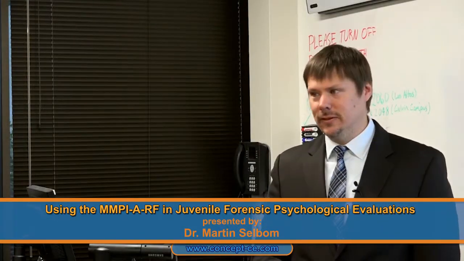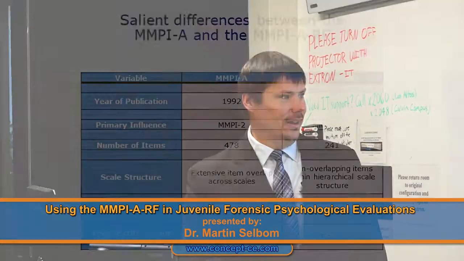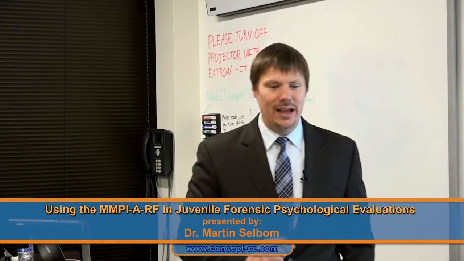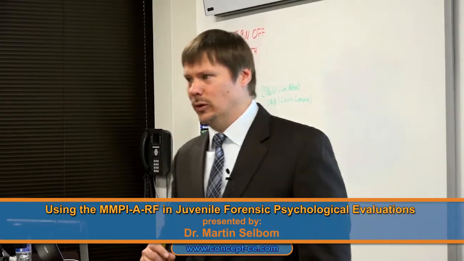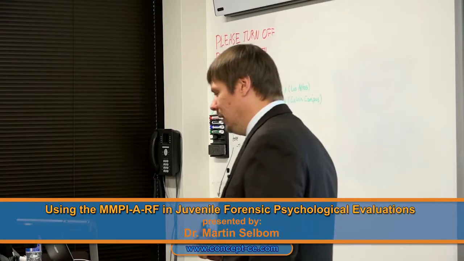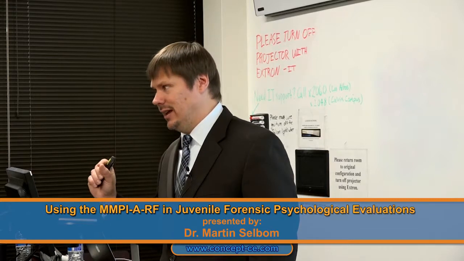Some other salient differences between the A and the A-RF. Of course, this one is now 24 years younger, the current version. The primary influence of the MMPI-A, as I mentioned before, was the MMPI-2. So the MMPI-A-RF substantive scales, 42 scales that measure substantive clinical content, very much map onto the MMPI-2-RF scale set.